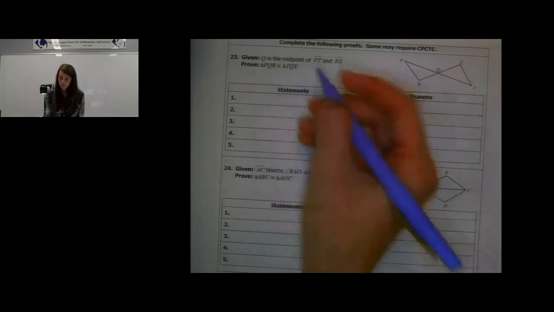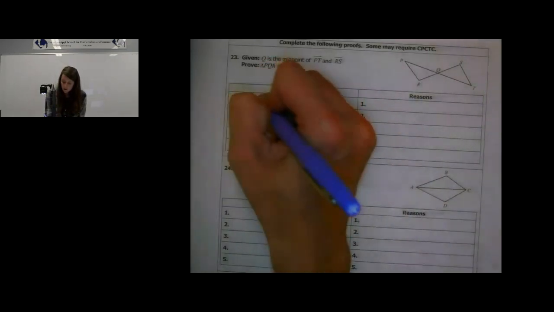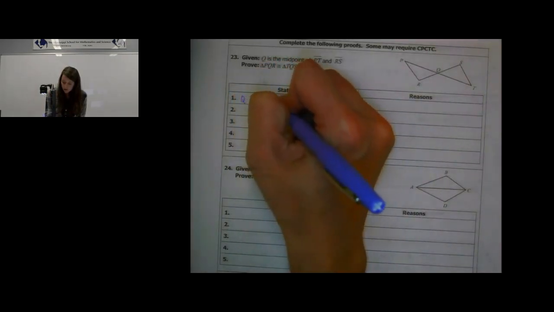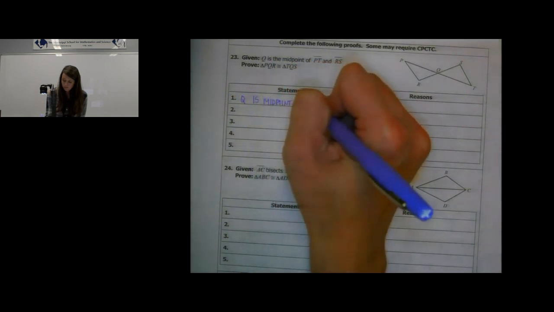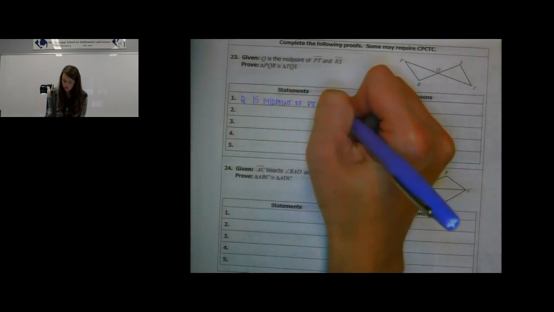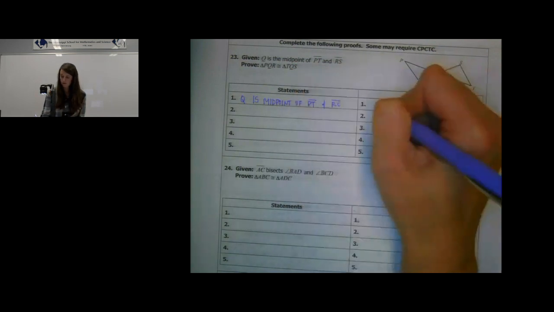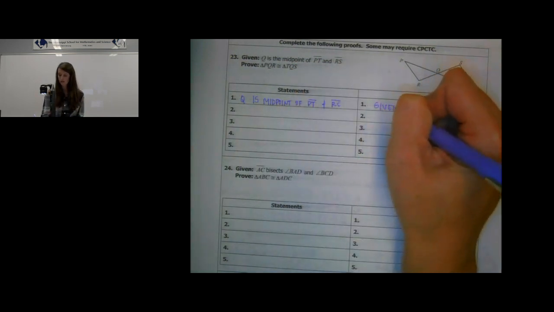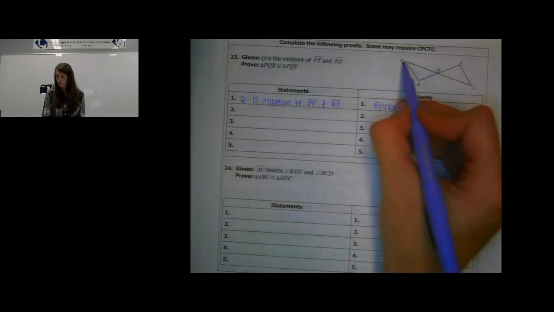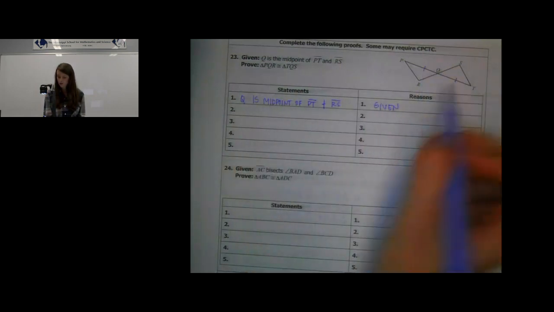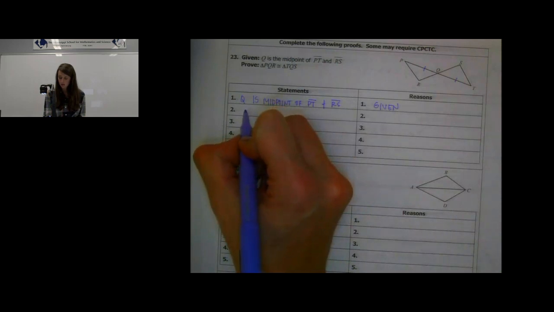So Q is the midpoint of PT and RS. So we can write that on the same line since it's given there. Okay, so if Q is the midpoint of PT, then that means that those two line segments are going to be congruent.